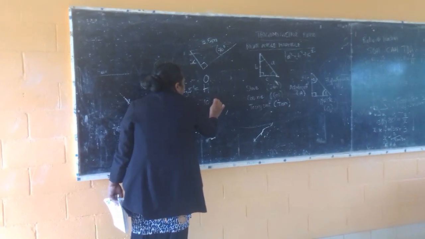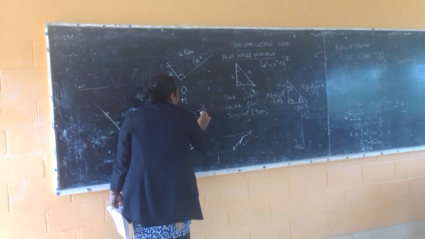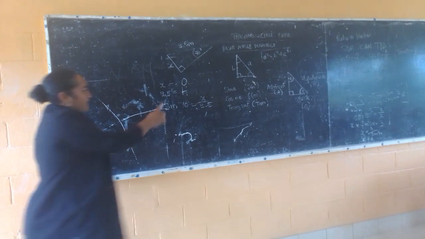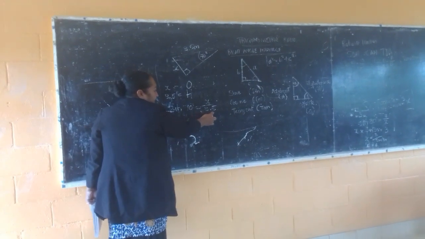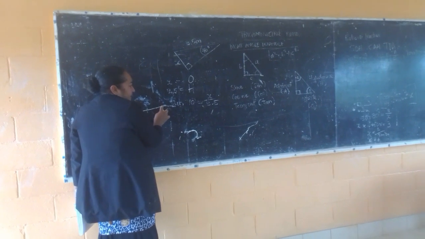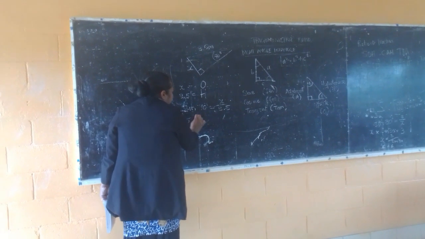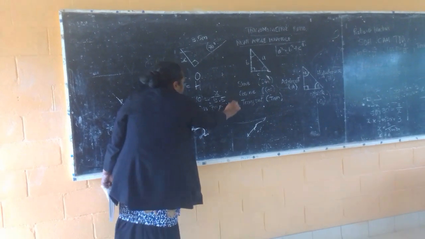Sine of our angle, which is 70, equal opposite x, hypotenuse is 3.5. Over here it's easy. We just take the 3.5, which is divided here, to the other side and multiply. Very good. So 3.5 times sine 70 equal to x.